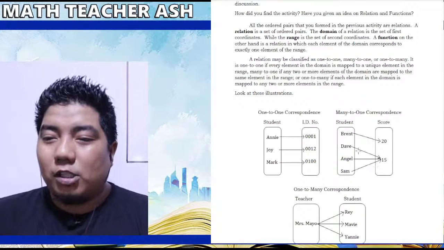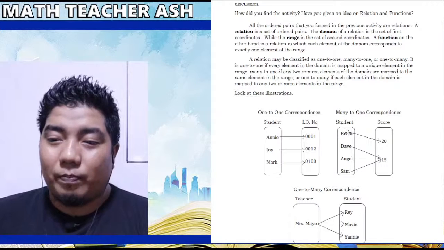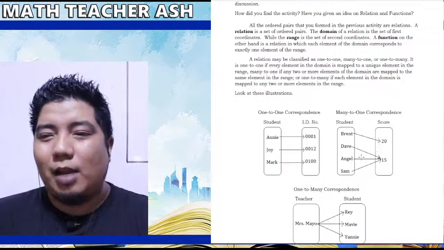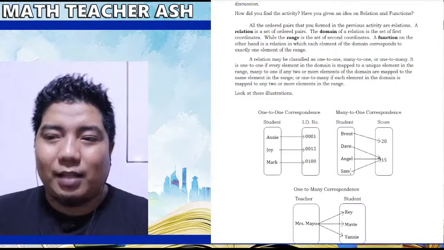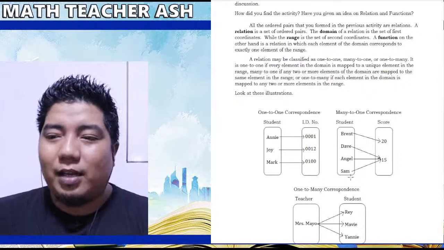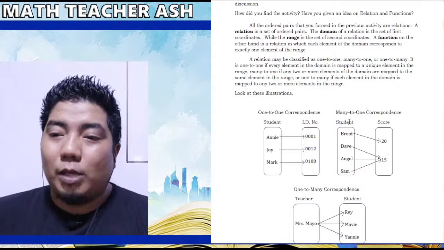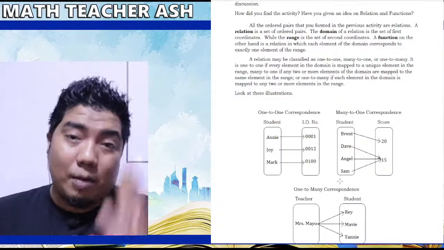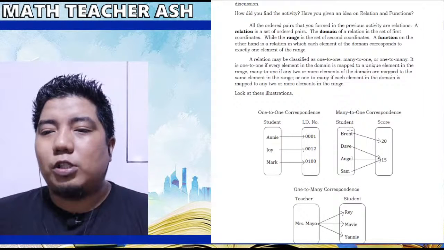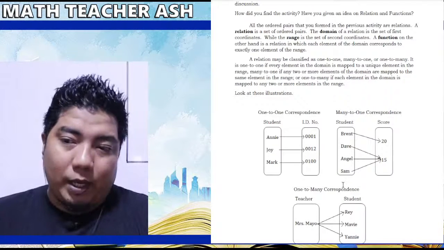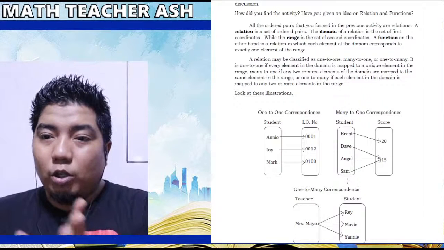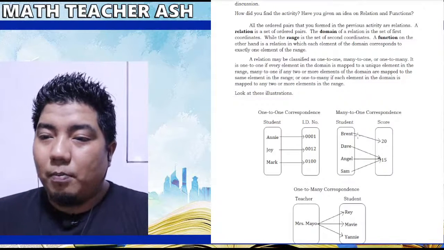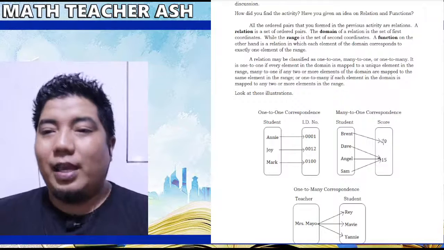Why? Because, as you can see, si Brent corresponding to exactly one element. Si Dave, one element lang din. Si Angel, one element lang din. Si Sam, one element lang din. So, ibig sabihin, lahat ng students or lahat ng people dito sa first group, which is the domain, corresponds only to one element in the range.